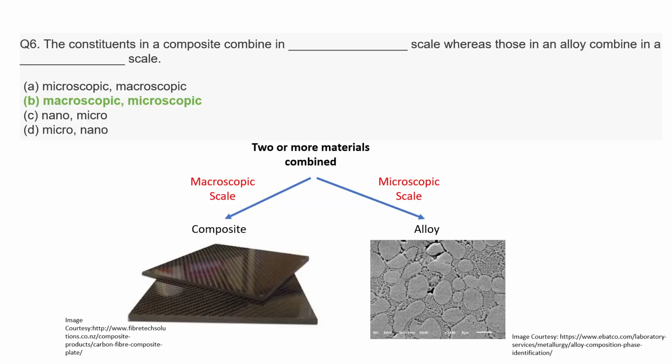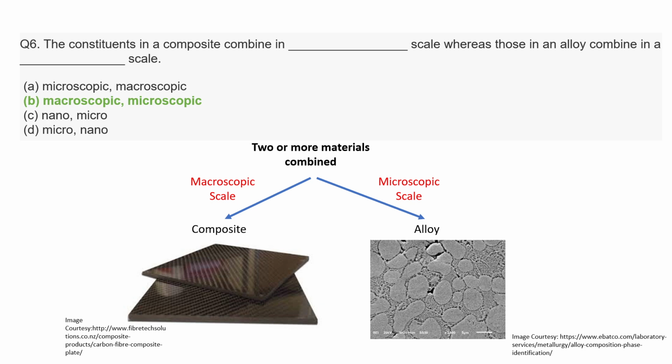So question number 6 is that the constituents in a composite combine in what scale, whereas those in an alloy combine in what scale. We already discussed that there are two types of materials, composite and alloy. Whenever we talk about alloy, we also think, okay, alloys also have different metals combined with each other, so that can also act as a composite. But alloys are not composite, because in a composite we can see all the constituents with our naked eye, or even if not with the naked eye, we can differentiate when we see a composite that these parts are the reinforcement and the others are matrix.